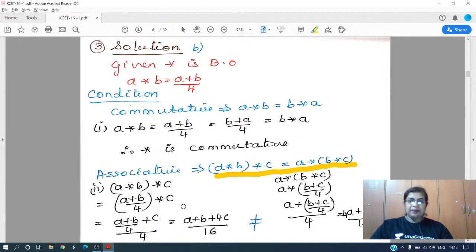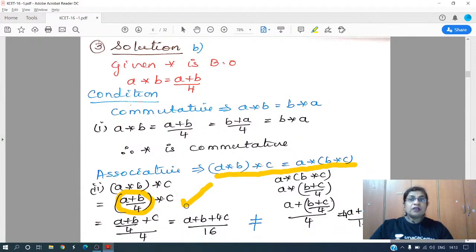Star C. Okay, so now what do you observe here? Is it still of the form A star B? Take this full bracket as A, and this is B. So (A plus B by 4) star C is nothing but A star B format only. What is the A star B definition telling me? Write A plus write B and then divide by 4.